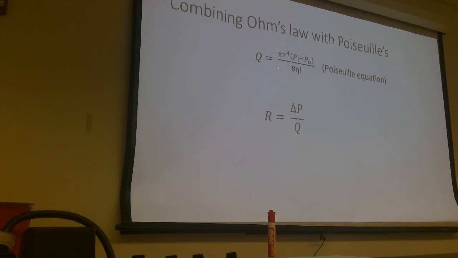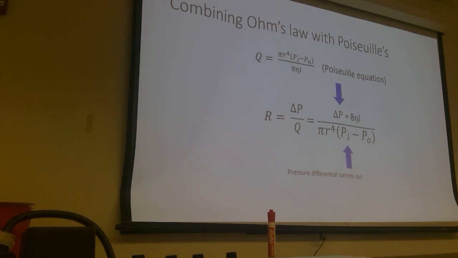I'm going to take this whole thing and put it where the Q is, right? So since Q is in my denominator, what do I need to do with this? I need to flip it, right? So my 8 eta L is going to be up here with my delta P. My pi r^4 goes down here on the bottom. Now remember what I said, P-inlet minus P-outlet does the same thing as delta P. It's just a different way of writing out the same term.